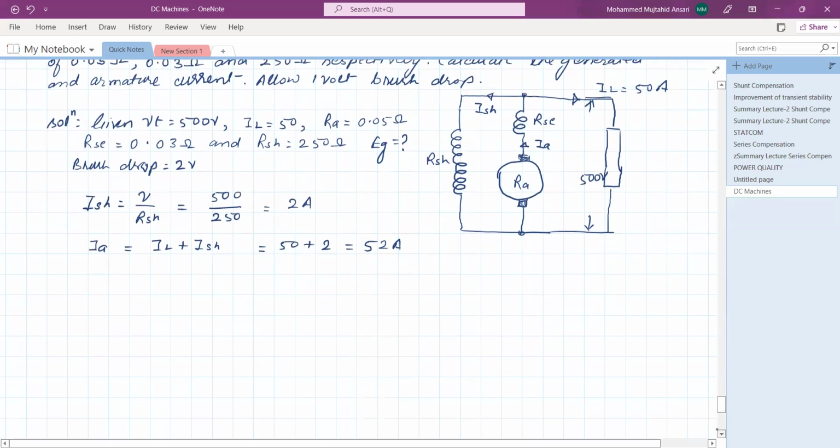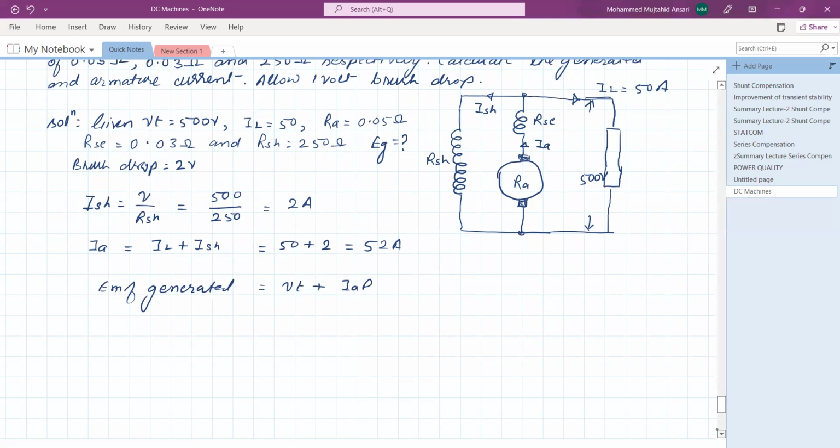Now EMF generated is equal to terminal voltage. This is terminal voltage. We are applying KVL, plus armature resistance drop, plus series field resistance drop, IA RSE, plus brush drop.